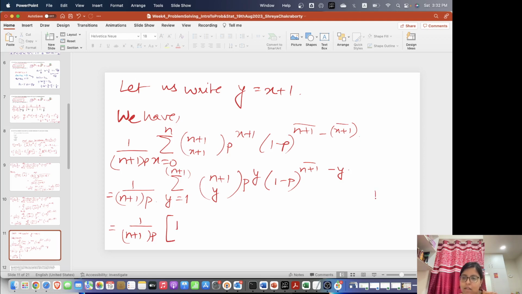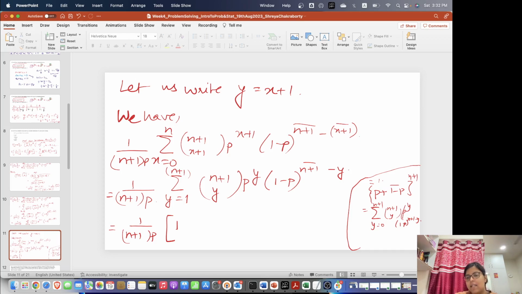So p plus 1 minus p whole to the power n plus 1 would have been summation y equal to 0 to n plus 1, n plus 1 cy, p to the power y, 1 minus p to the power n plus 1 minus y. Okay, and this would have been 1.